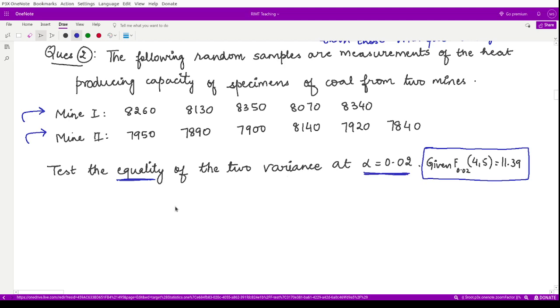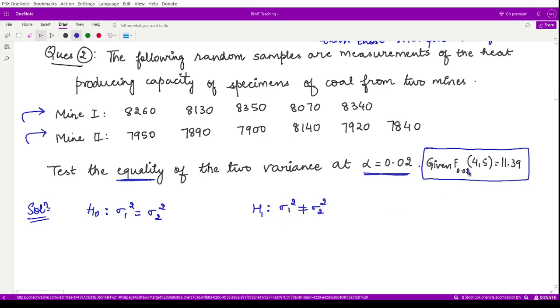So for this example, first of all we write our hypothesis. What could be your null hypothesis? Your null hypothesis would say that the variances are equal for both of the samples, against the alternative hypothesis which says that the variances are not equal to each other, right?